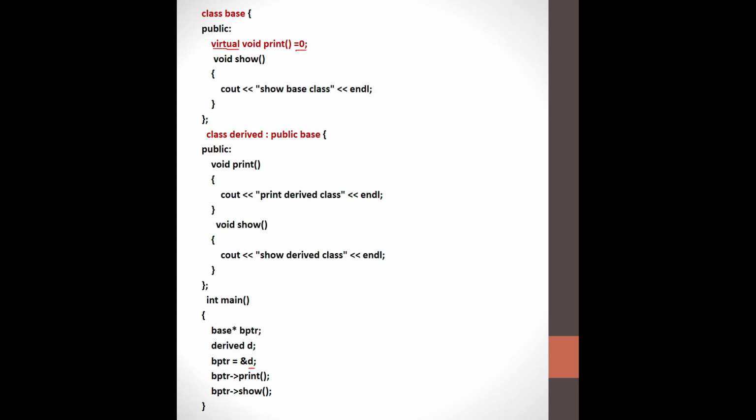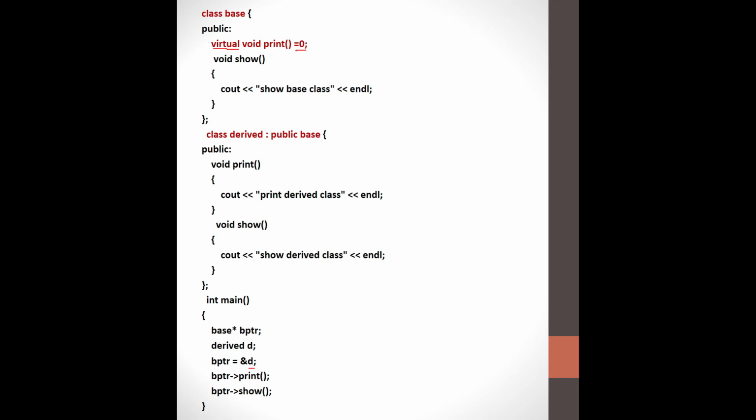There is no body of this particular function. So when it sees this, it automatically jumps to where it is pointing to at last. Yes, it is pointing to the derived class. So it will automatically go to the derived class print function. So my output in this case would be print derived class.